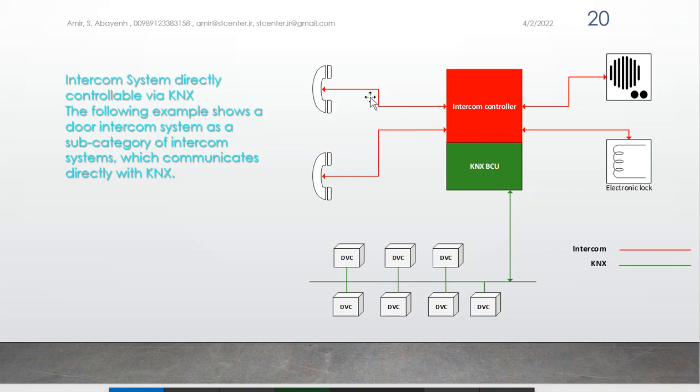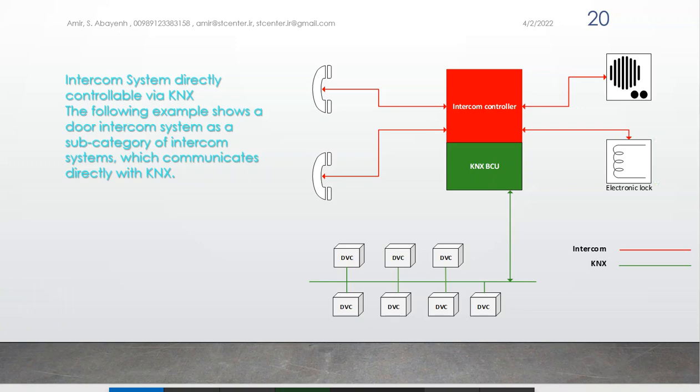The intercom is connected to the phone, to the indoor station, and to the lock to open the electronic lock. From the KNX bus coupling unit you can send a command, a packet of data, a telegram, to the KNX bus coupling unit of this intercom controller and open or close the door, or for example play the recorded sound or so on.